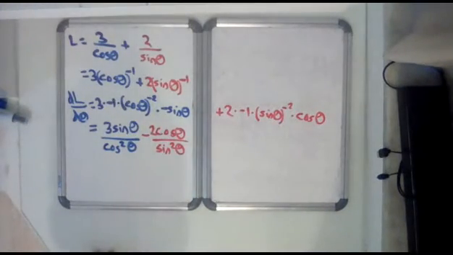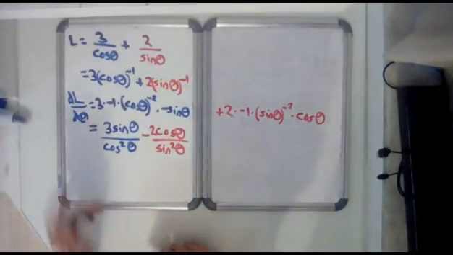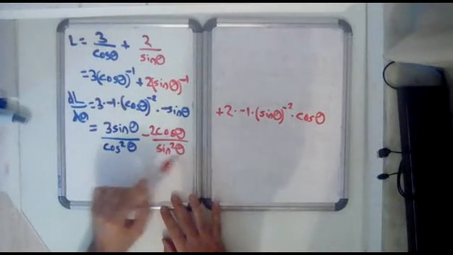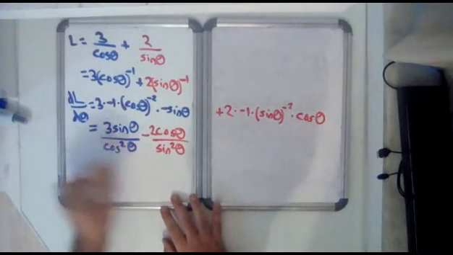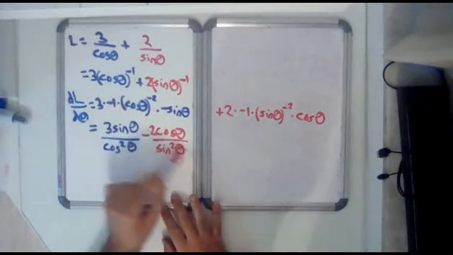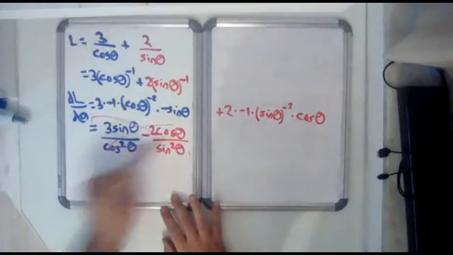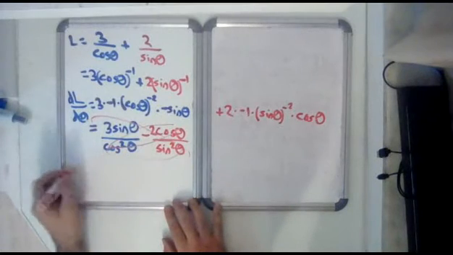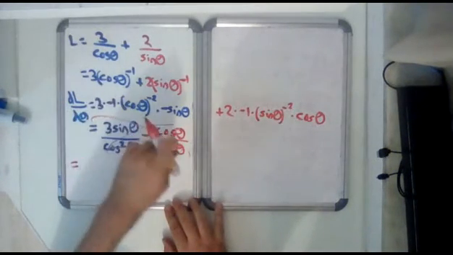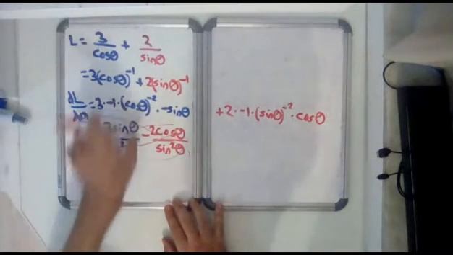So now you want to find a way to add these fractions. So what we're going to do is find a common denominator, which we're literally just going to do this kind of cross multiply butterfly method. So we're going to times these 2 together, and these 2, and these 2. So you're going to end up with equals 3 sine theta times sine squared theta.